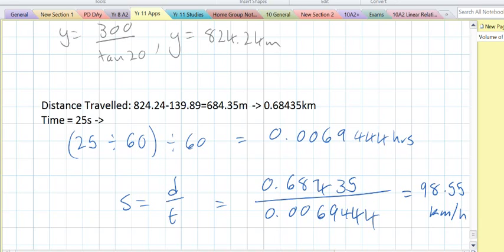Yeah, so we find the distance and the time in kilometers and hours, put that into the equation, and we get speed in kilometers per hour. The balloon is going quickly.